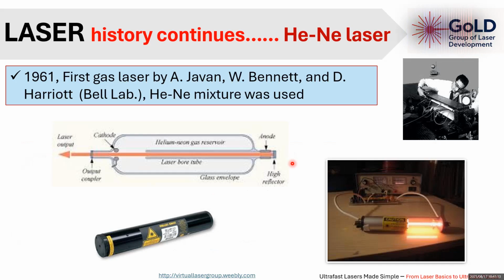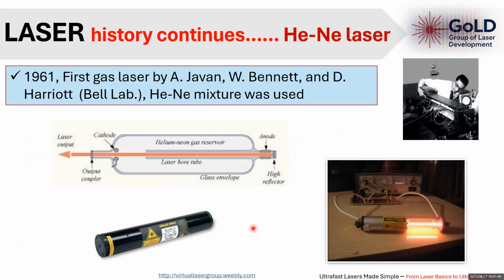So the next one is the helium neon laser. The helium neon laser is one of the important lasers in the labs, undergrad labs and grad labs, even in high school. This laser was invented by Ali Javan, and it has a mixture of two inert gases, which are helium and neon. You must have seen this kind of laser in the lab somewhere.